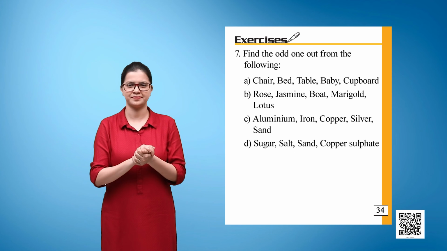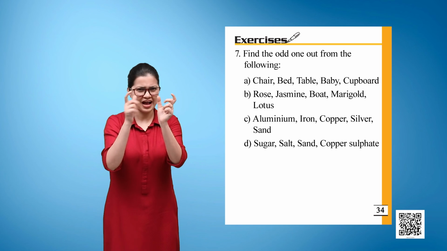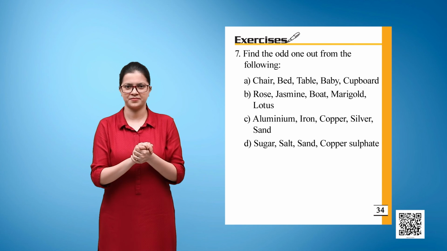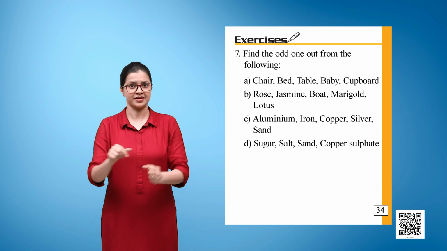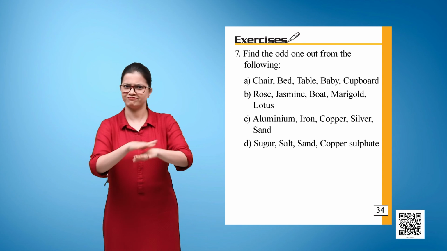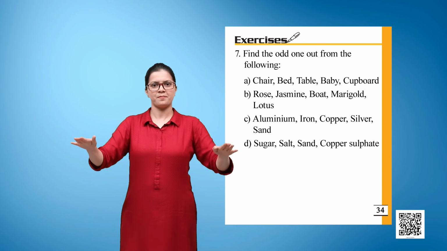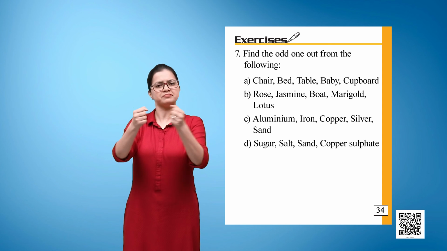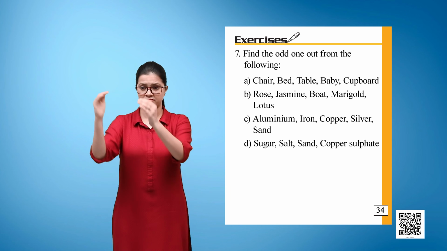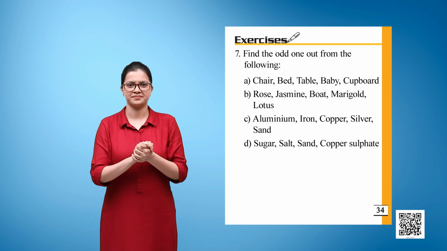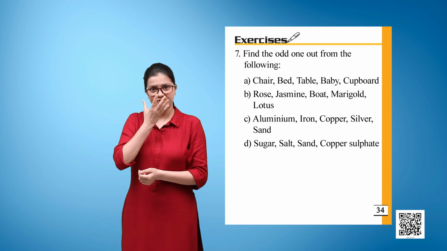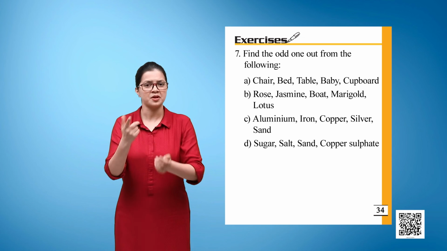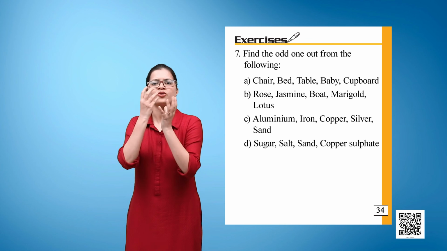7. Find the odd one out from the following. A. Chair, bed, table, baby, cupboard. B. Rose, jasmine, boat, marigold, lotus.